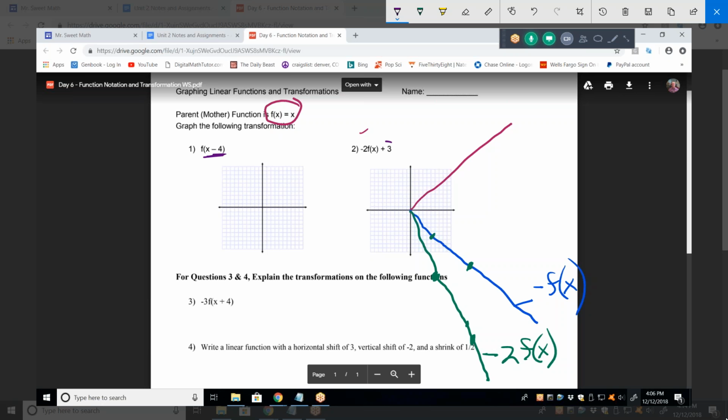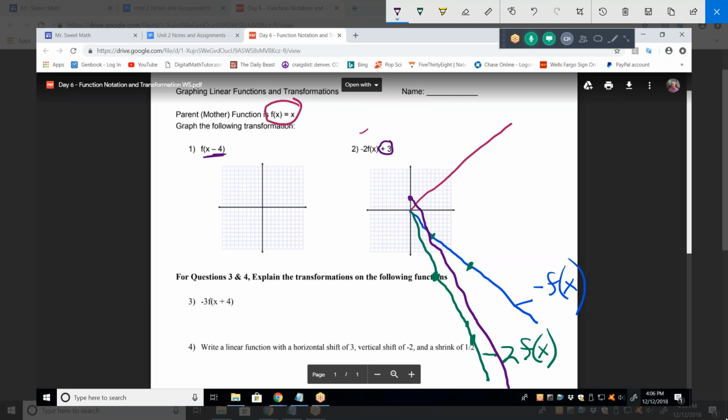This is a vertical shift, meaning 3 units up. Because all I'm going to do is take my last green line, take one point on it, move it 3 units up, and then draw a line that's parallel to my other green line. And that purple line is the final answer.